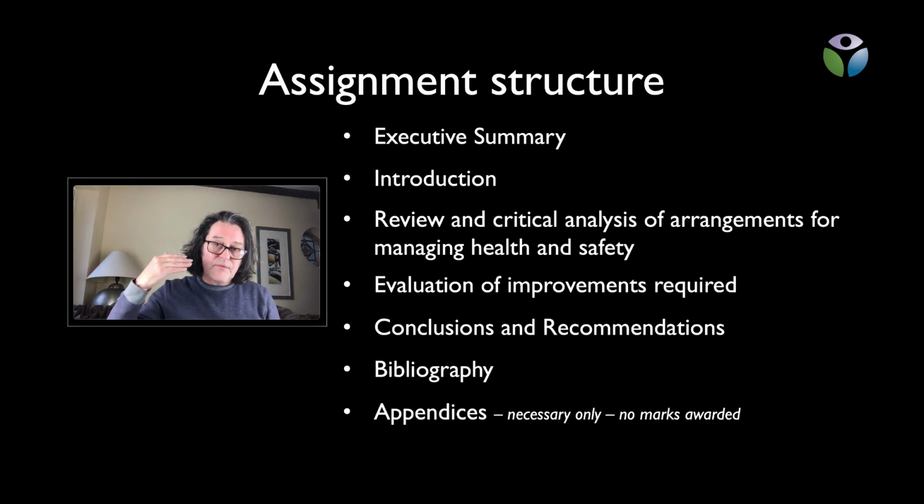Then you'll have as main headers, introduction. Whenever you start any of these main headers, make sure you start it on a new page to give it clarity. The next main part, which is going to be the main body, the largest piece that you're going to write, will be the review and critical analysis of arrangements for managing health and safety within the organisation.